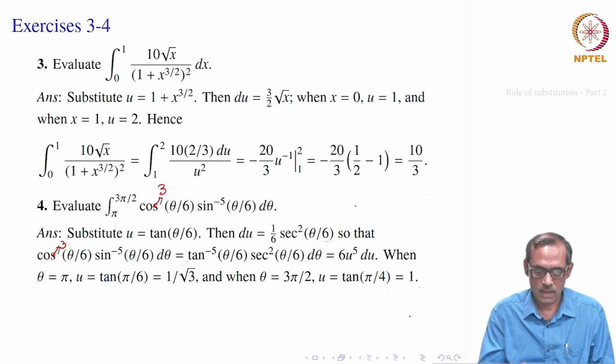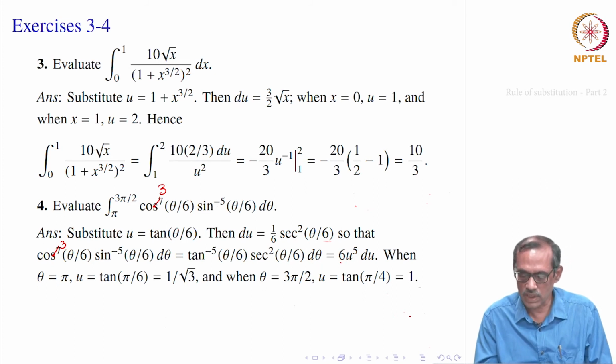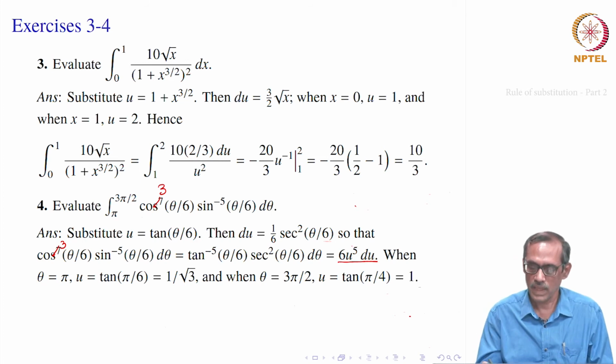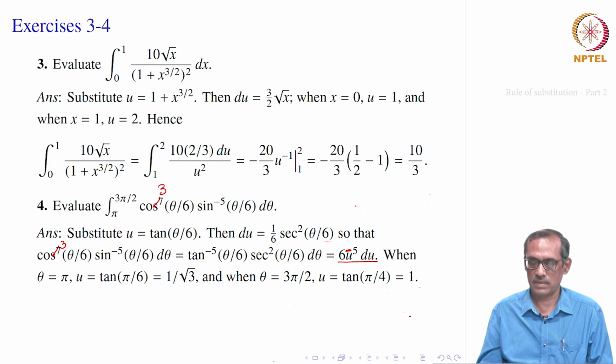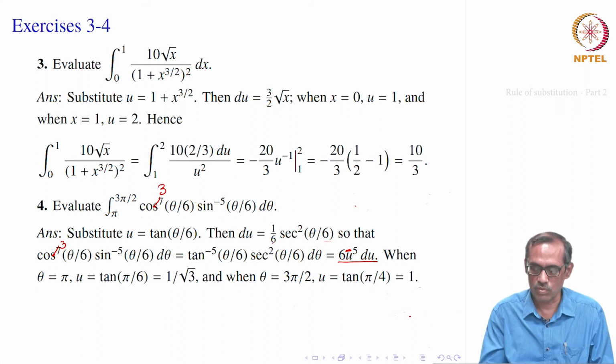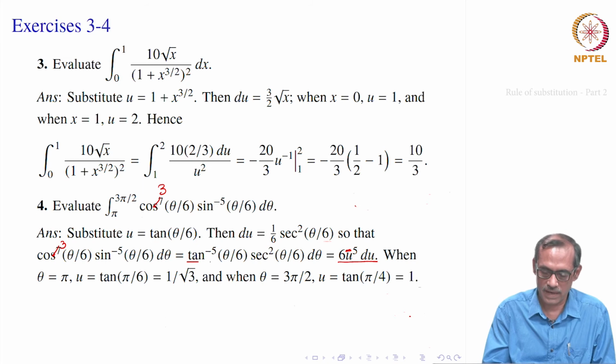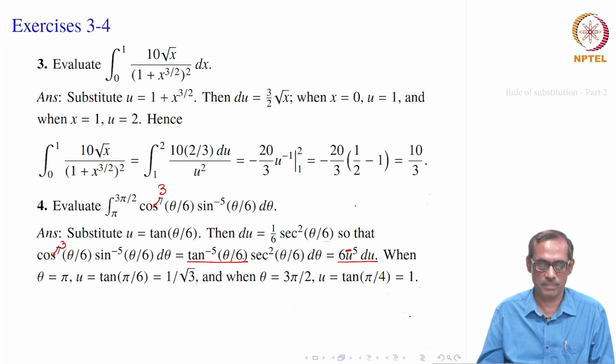Then we get tan minus 5 theta by 6 secant square theta by 6 d theta equal to 6 u to the power minus 5 du, because du equals 1 by 6 secant square theta by 6. So 1 by 6 times du, 6 comes here, and tan gives u to the power minus 5. So that is how the integrand now looks.